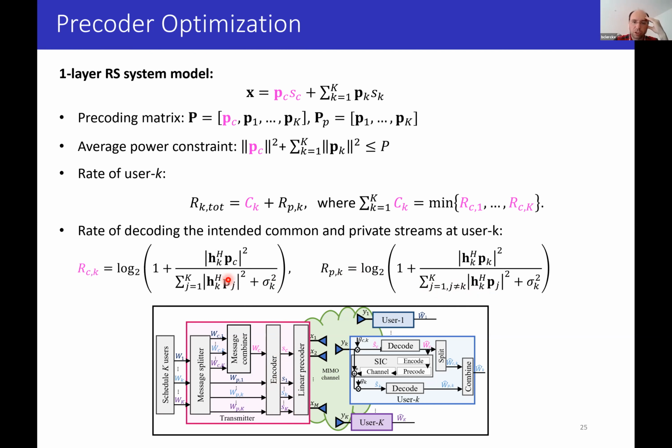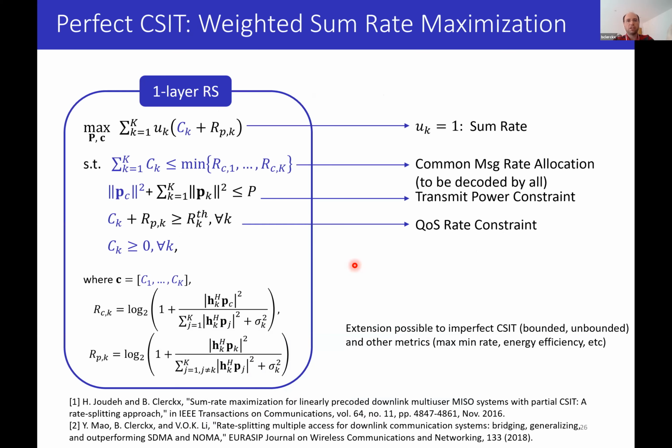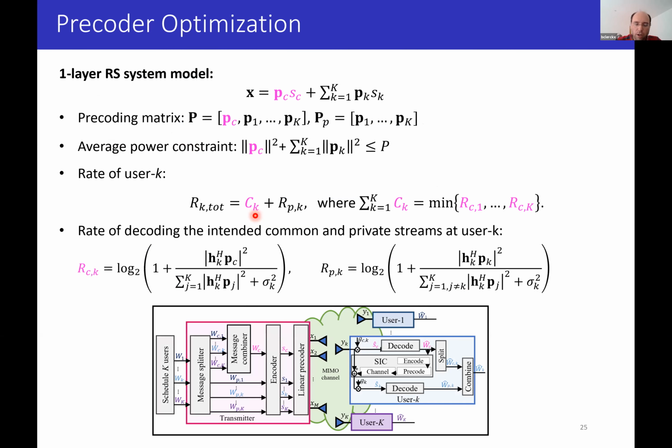Right? So from those two expressions, now we have the rate of the common stream and the rate of the private streams, and we can do some optimization. So here's an example of how you can formulate a weighted sum rate problem with perfect CSIT. What do we have to optimize here? We have to optimize the precoder, but we also have to optimize the split of the messages. So we have to optimize those CK as well.